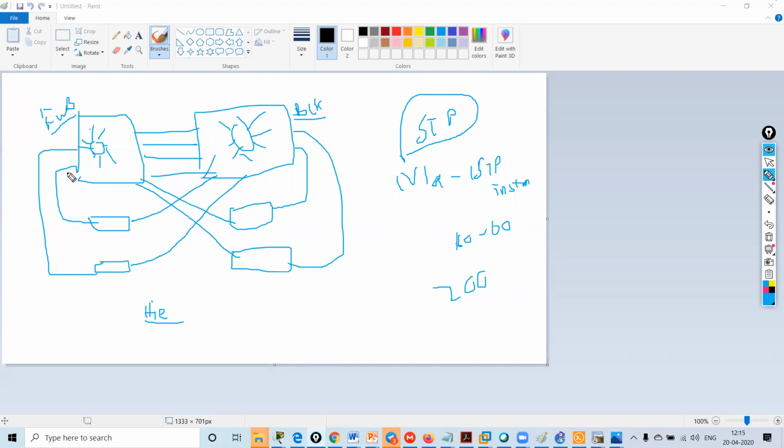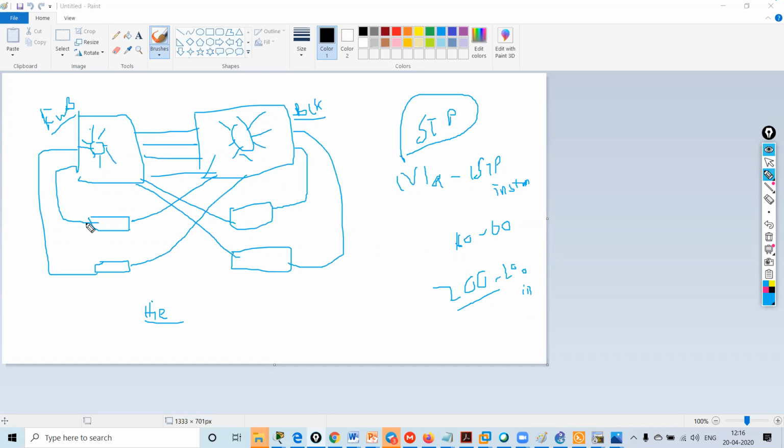Now, suppose I have 200 VLANs, so running 200 VLANs is equal to 200 STP instances, which will be very complicated.